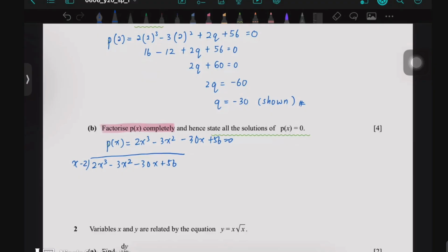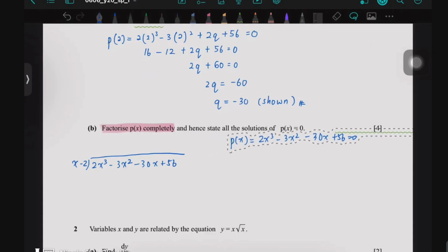From here we will take out 2x squared, so we get 2x cubed, that will be minus 4x squared. So from here I get x squared minus 30x.